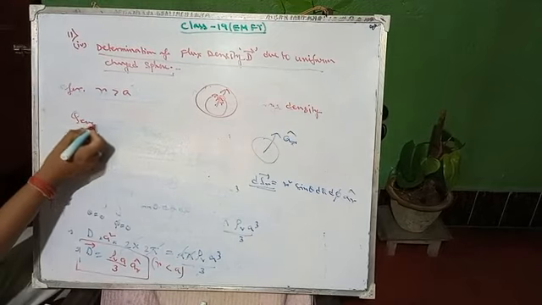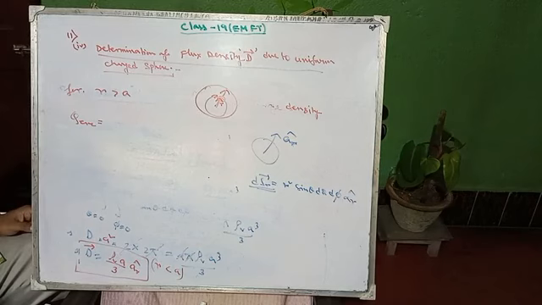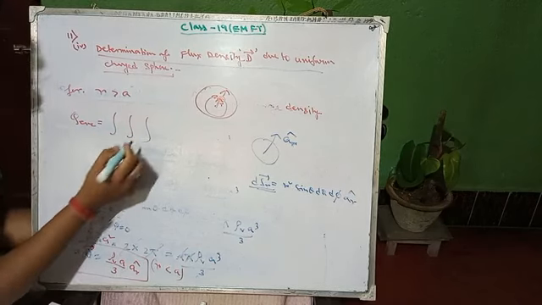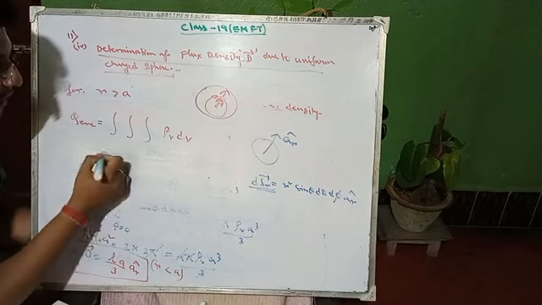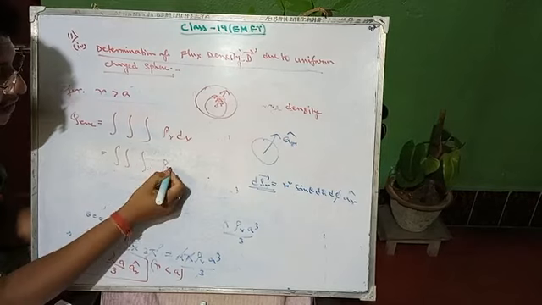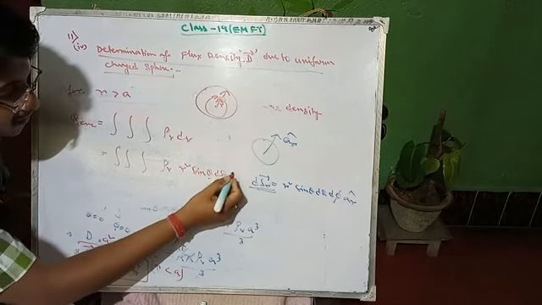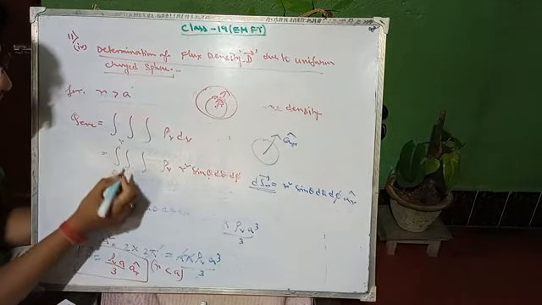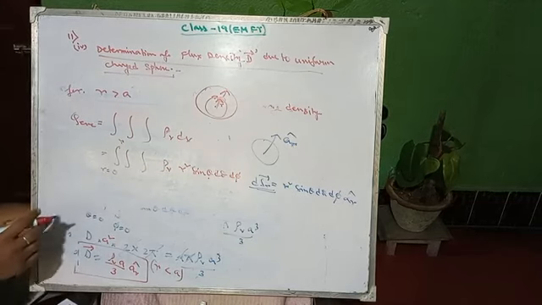Q enclosed becomes a triple integration of rho V dV, but here dV can be separated as r square sine theta dr d theta d phi, and your limit will be r equals 0 to r, whatever the distance.